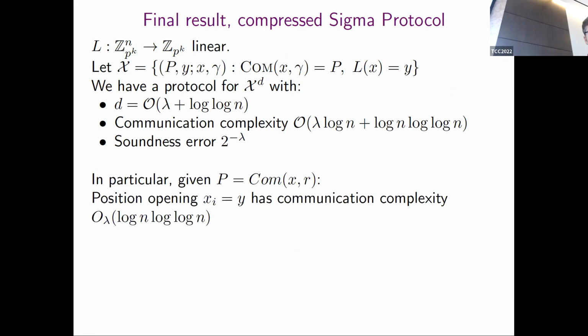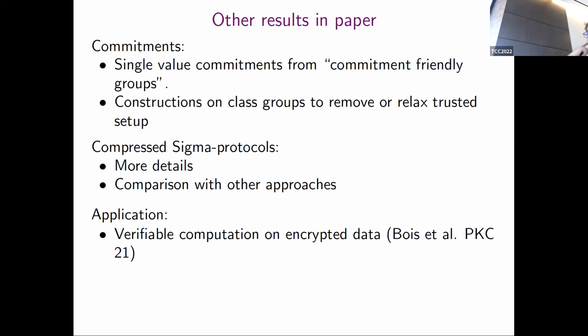In particular, we have position opening of this complexity, log n log n. I have left some things without mentioning, but in the paper we have constructions of single valued commitments from what we call commitment friendly groups, which is an abstraction of what I have explained.